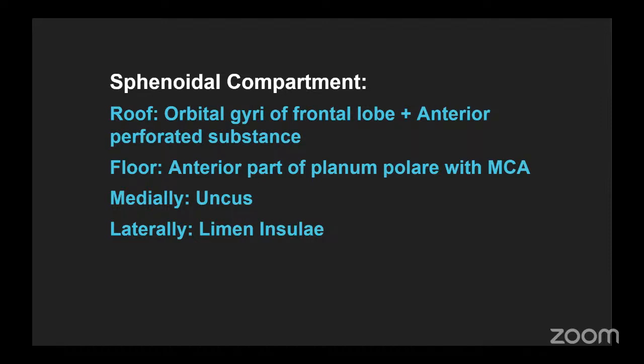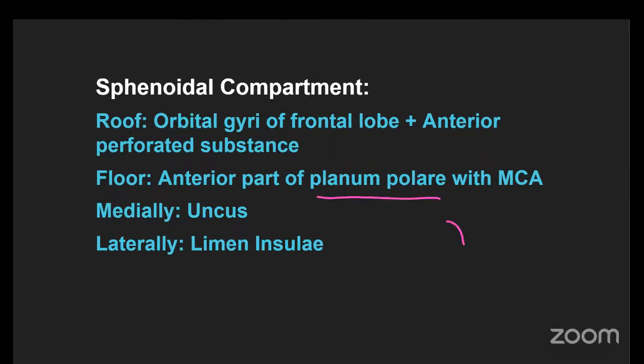Now planum polare is a part of the temporal lobe. So you have this temporal lobe which goes like this, and most of this portion is made by planum polare here. That makes the floor. Superiorly, you are going to have the frontal lobe. Medially, uncus is going to be here. Slightly laterally, you are going to have the limen insulae.